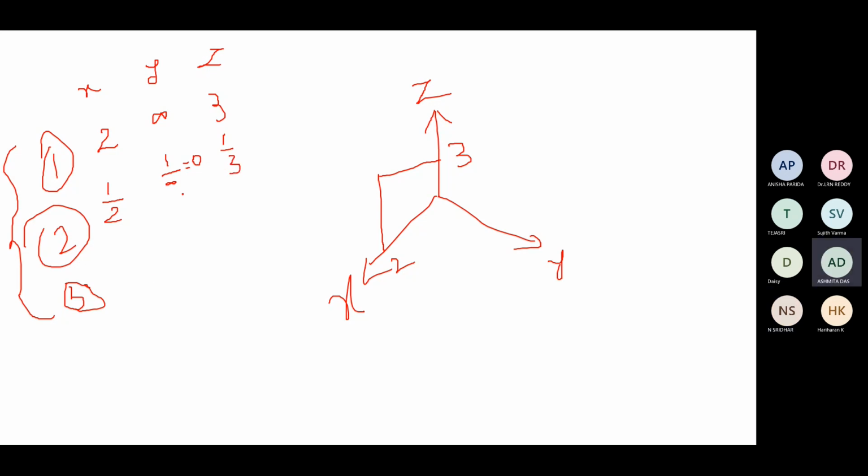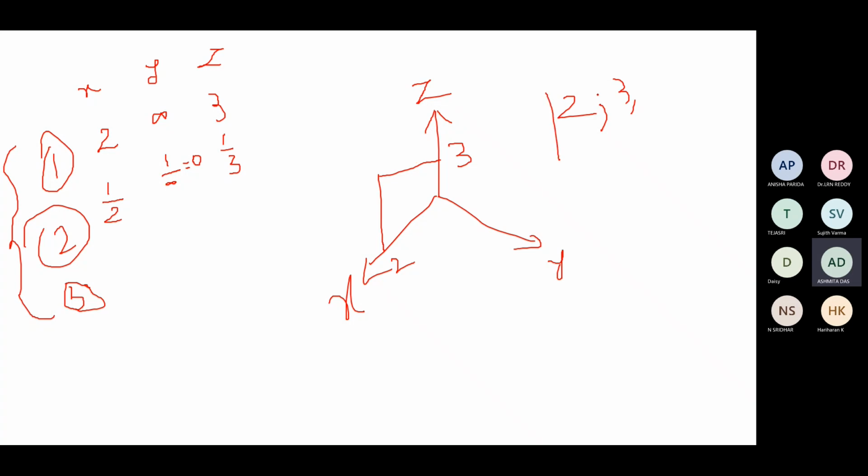Okay. So what will we do in the third step? Take the LCM, the least common, lowest denominator. So 2, 3, and I didn't consider infinity because it will not help.